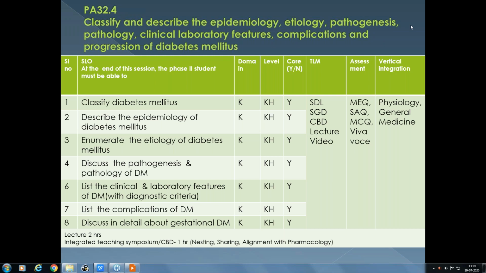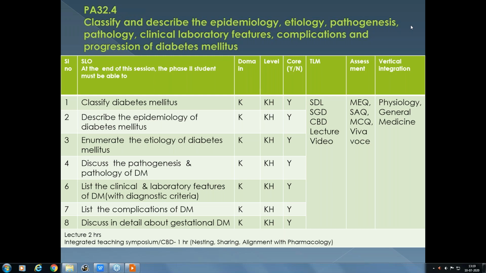The teaching learning methods used here will be SDL, small group discussion, case-based discussion, lectures, and videos as required. Assessment methods may be MEQ, SAQ, MCQ, and viva voce.